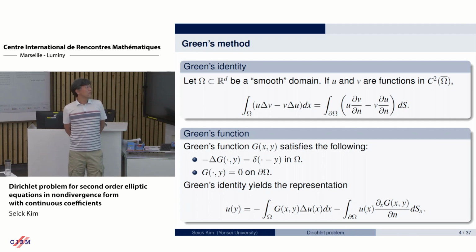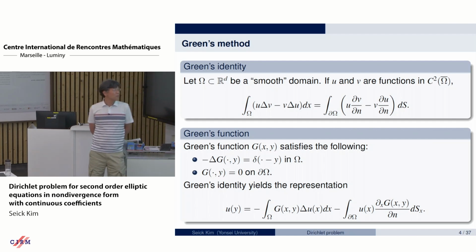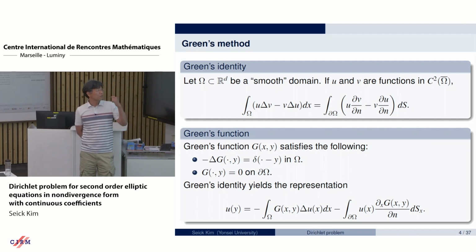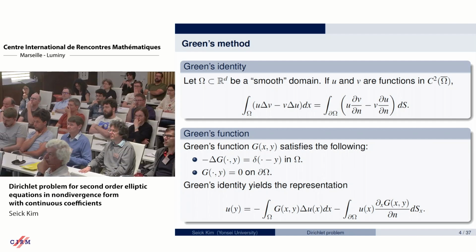Then Green introduced the so-called Green's function: applying the Laplacian to it gives the Dirac delta, and the boundary value is 0. Then by formally putting G into v, you get this identity.